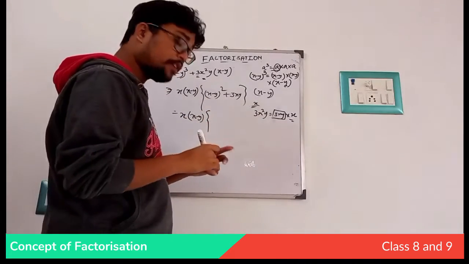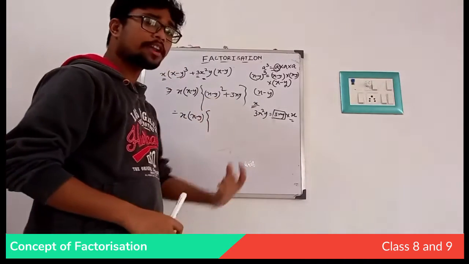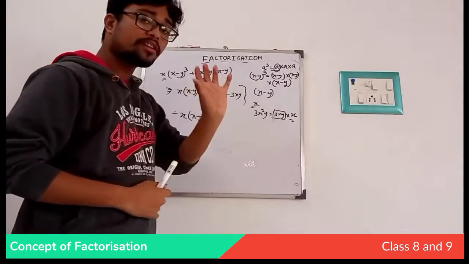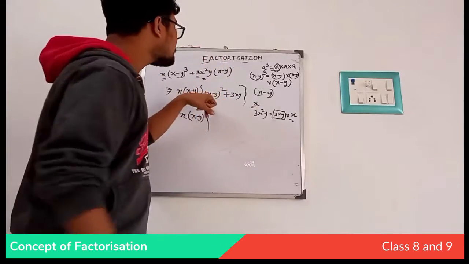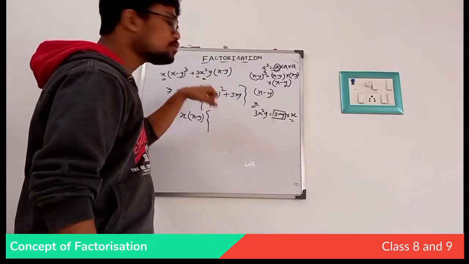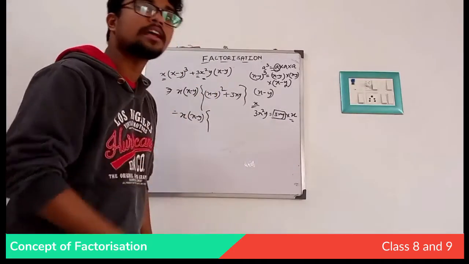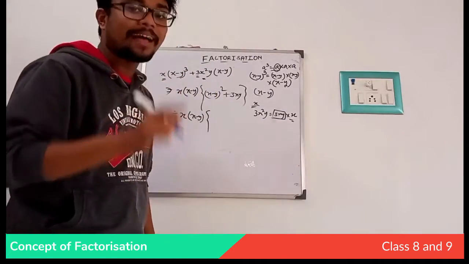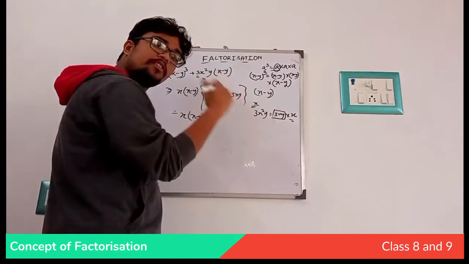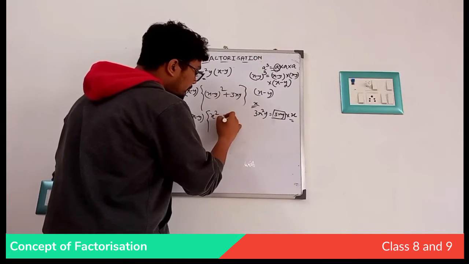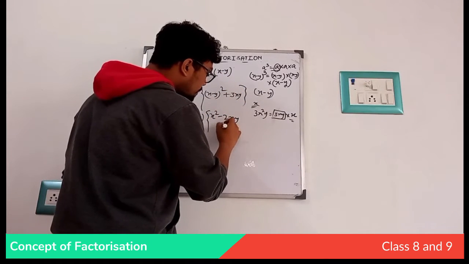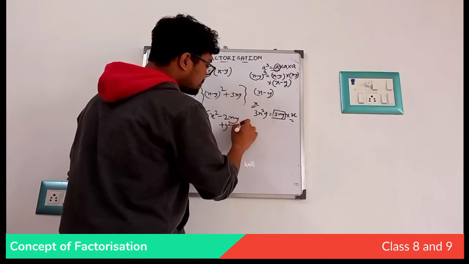Before this class, I will give a lecture on expansions. There I will show you the breaking of some formulas. So what is the formula of (a minus b) whole square? It is a square minus 2ab plus b square. So (x minus y) whole square equals x square minus 2xy plus y square, and here plus 3xy is present.